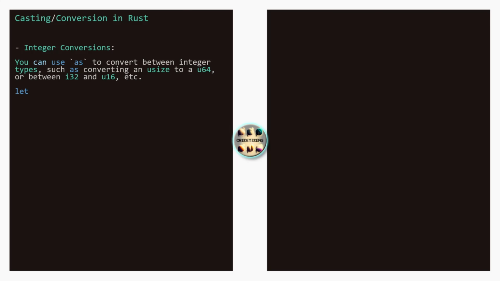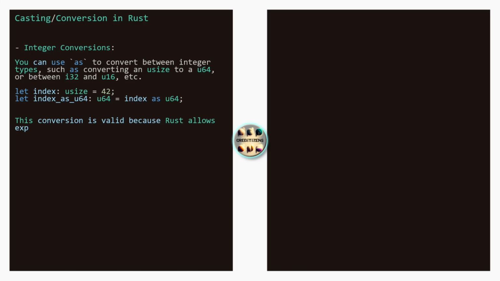So integer conversions. You can use the as keyword to convert between integer types, such as converting usize to a u64, or between i32 and u16.